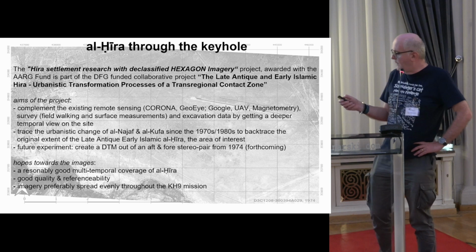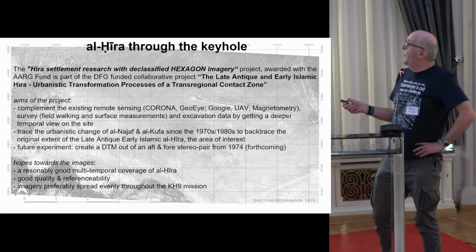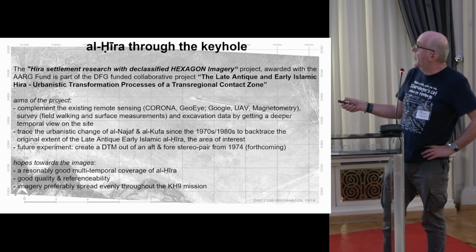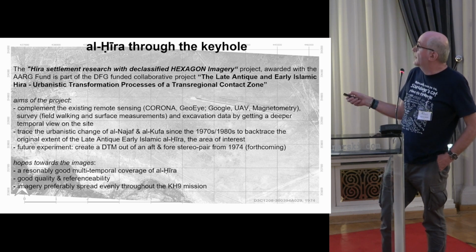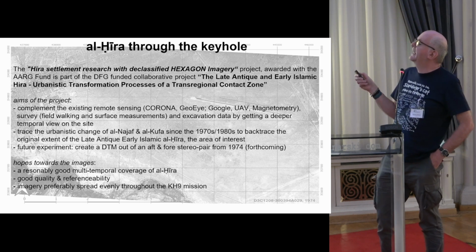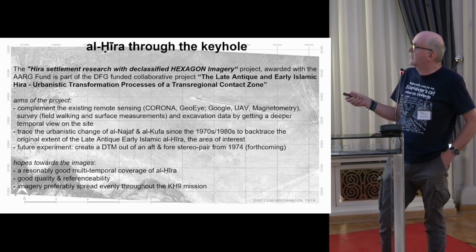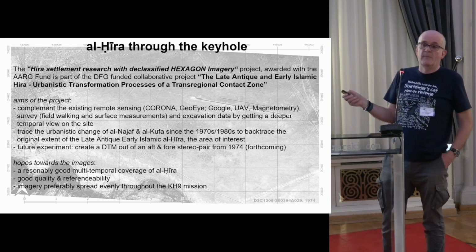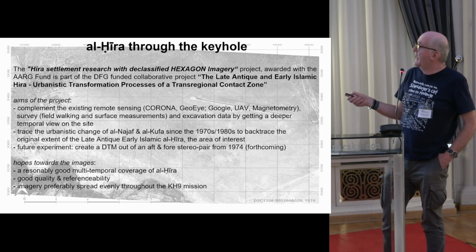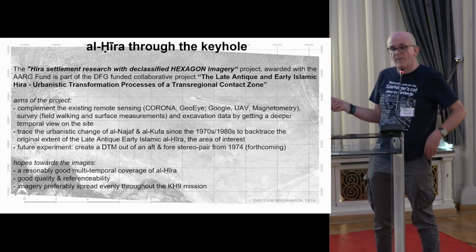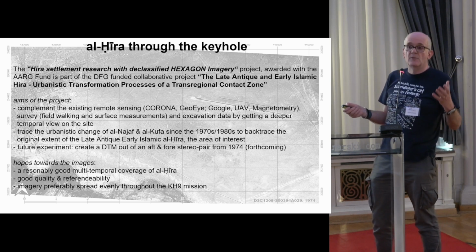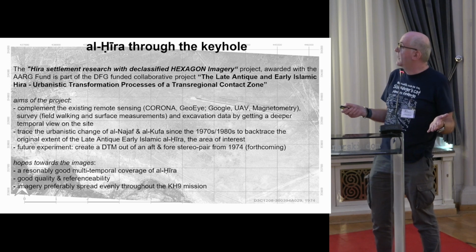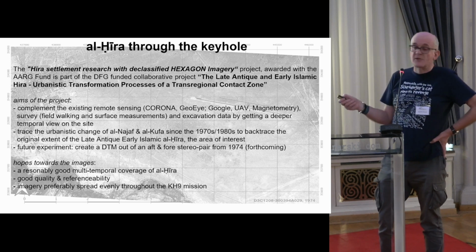This is a part of a larger study that's being funded by DFG, looking at late antique and early Islamic urbanistic transformation. The aim of this particular part of the project is to see how we can use hexagon satellite imagery to complement other sources.